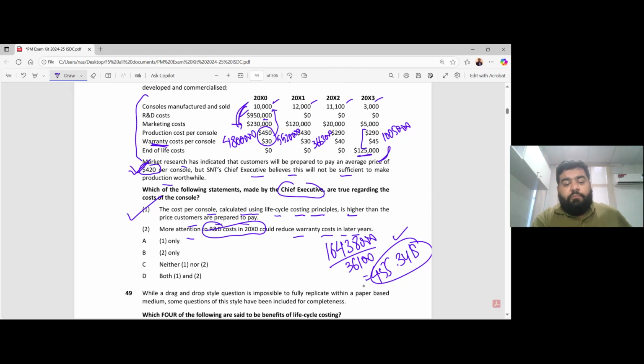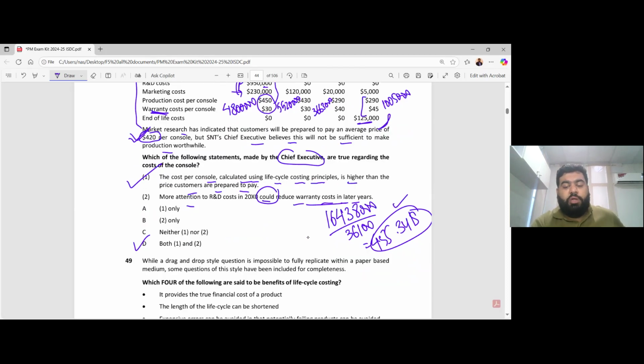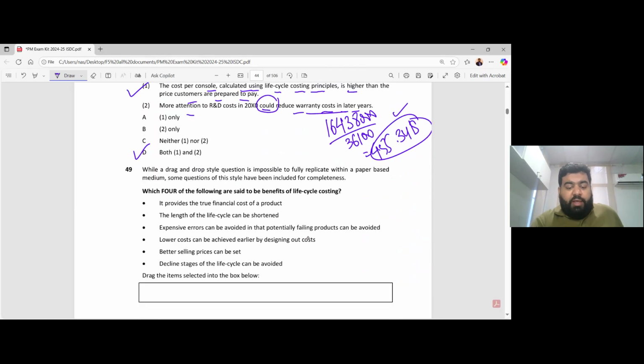It's written that attention on R&D, focusing on quality and value more, can reduce warranty cost in later years. They don't say it must reduce, but it can. You will not face as many warranty claims if you focus on research and development more. So this statement is also correct. Both 1 and 2 are correct options.